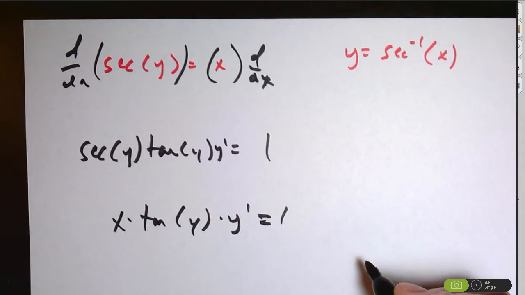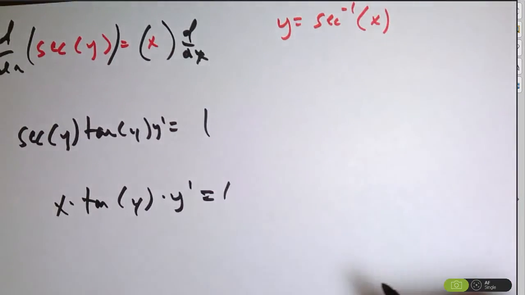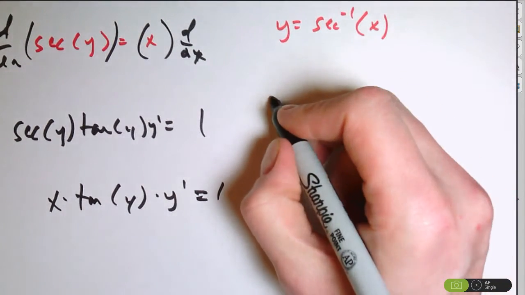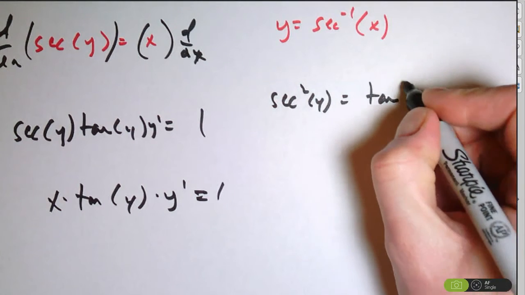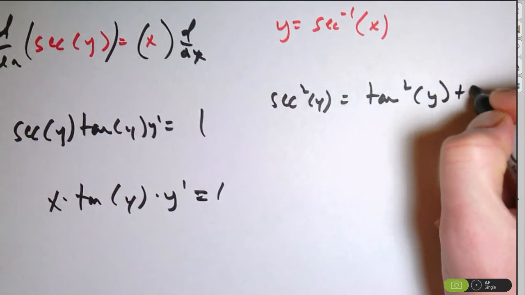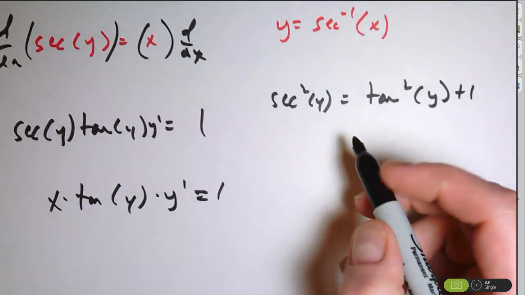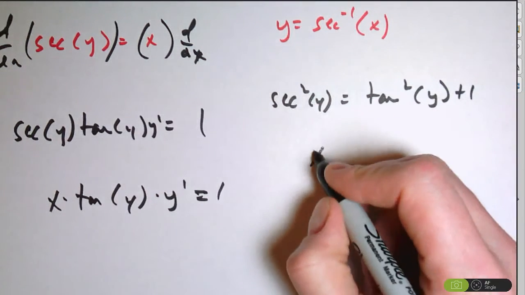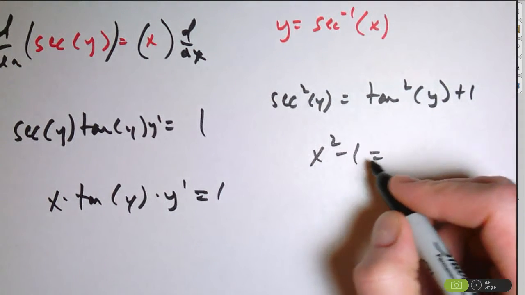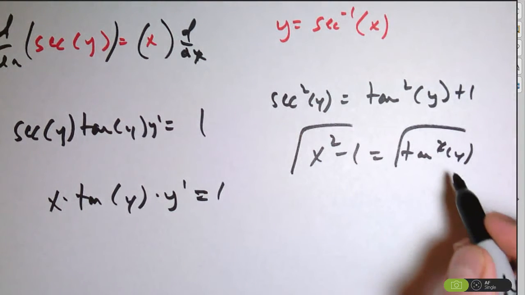And okay, well, that again, it's in terms of tangent there. That's a problem. And I'm going to do all the algebra stuff now real quick. But we go back to that trig identity that secant squared y will equal tangent squared y plus 1, which means I can solve for tangent y by subtracting 1 and square rooting it. And again, we already know that secant of y is x, so this is really x squared minus 1 equals tangent squared of y, and then take our square root to solve for tangent.